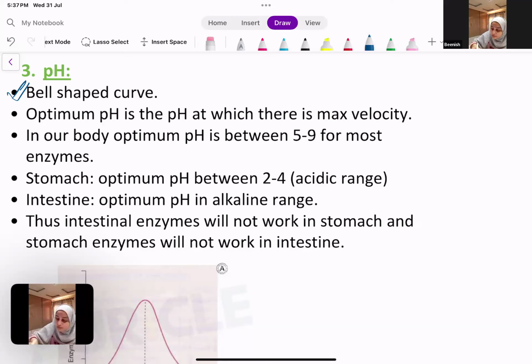In our body, the optimum pH is between 5 to 9 for most enzymes. In the stomach, the optimum pH is in the acidic range, that is 2 to 4, and in the intestine, the optimum pH is in the alkaline range. Thus, intestinal enzymes will not work in the stomach, and the stomach enzymes will not work in the intestine, because the enzymes are going to work in their optimum pH range only.